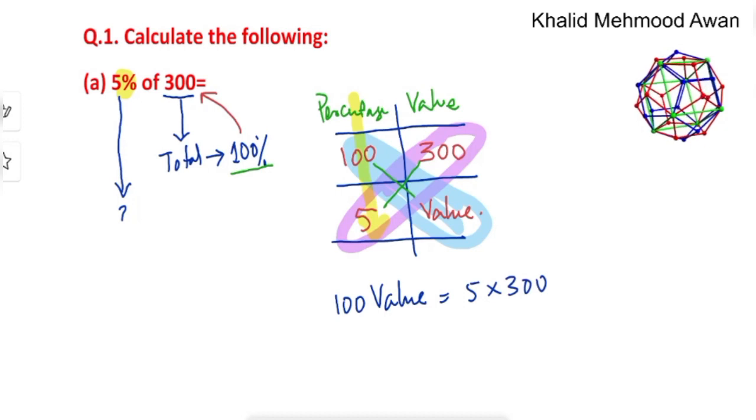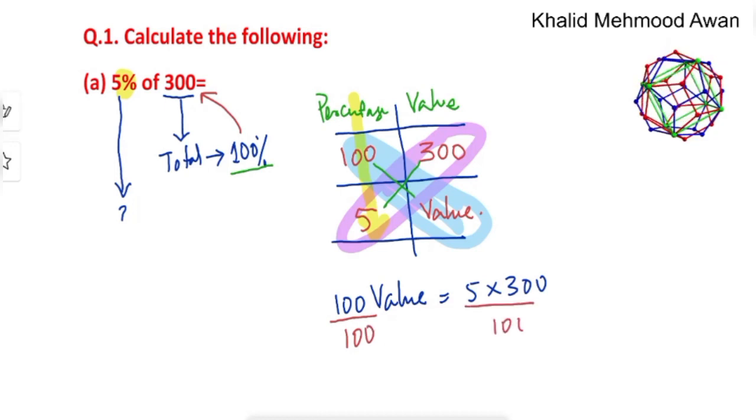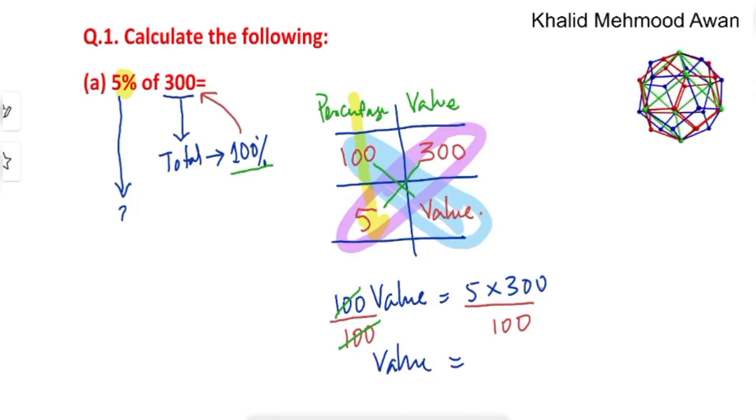Now to find the exact value, we'll be dividing by 100 and doing the same on the other side. So this cancels and we get value is equal to 5 times 300. And we can simplify these values.